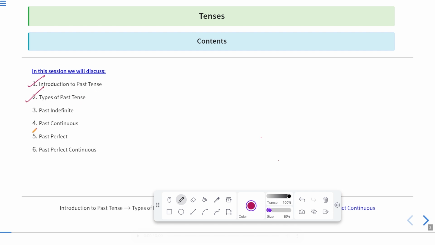Another is the types of past tense, that is, what the various past tenses are. These types are past indefinite, past continuous, past perfect, and past perfect continuous. All these types of past tenses we are going to discuss in this session. So let's begin.